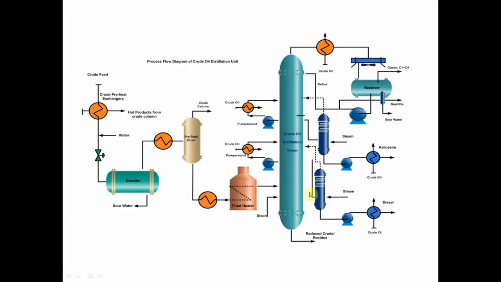So the lighter product from the CDU, CDU being nothing but crude distillation unit, is moved to a stabilized column, and the lighter product, fuel gas or LPG, is taken from the upper section. We can see from here, from the upper section, some LPG or the fuel gas or the lighter portion is taken.